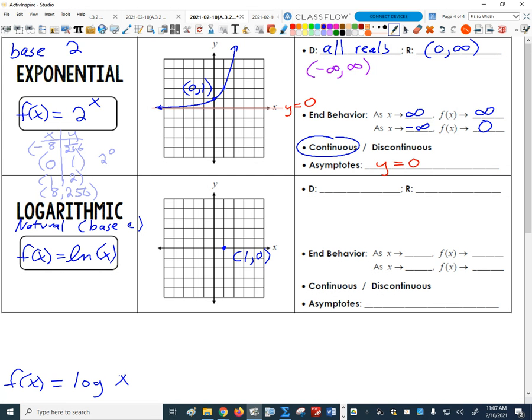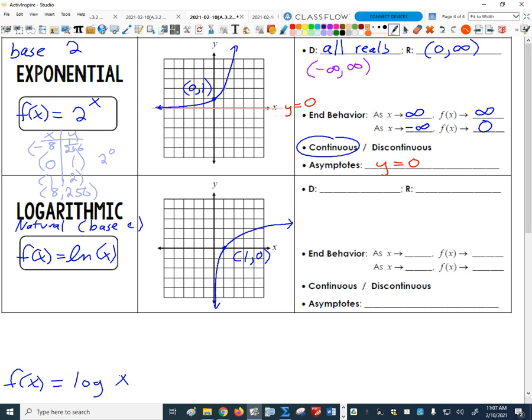And logarithms behave the opposite of exponential functions. In fact, they're inverses of each other. We'll talk more about that later in the year. So instead of starting off growing very slowly and ending up growing very quickly as the ant walks from left to right, they do the precise opposite. They start off growing extremely quickly and they end up growing very slowly. Okay?